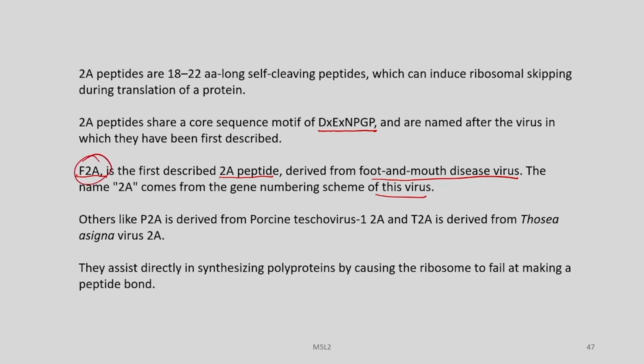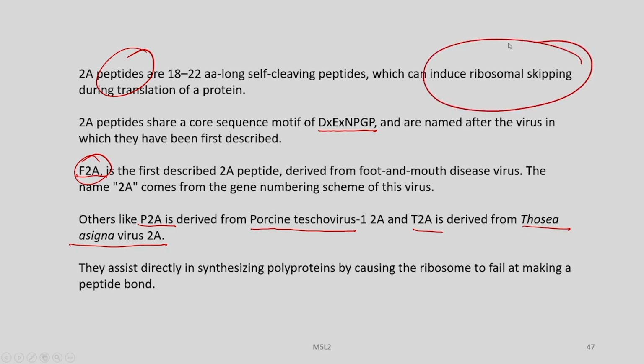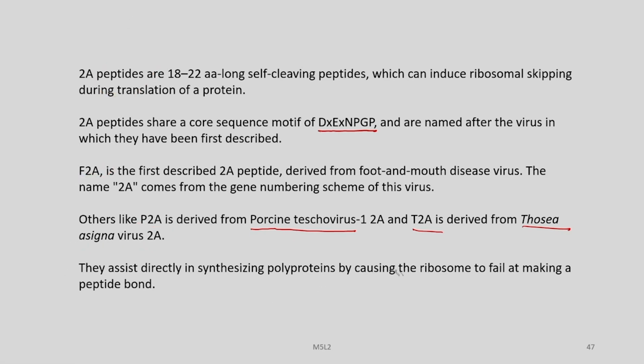So, F2A is derived from foot and mouth disease virus. Others, like P2A, are derived from porcine teschovirus, and T2A is derived from Thosea asigna virus. So, we have at least 3 different peptides which can induce ribosomal skipping, namely the F2A peptide, P2A peptide or T2A peptide.